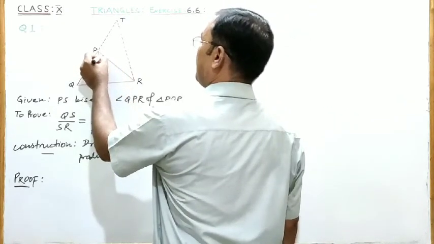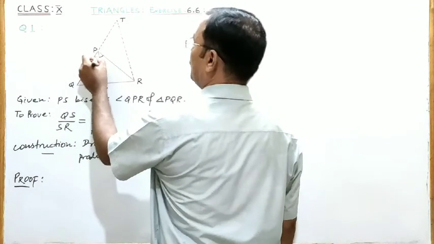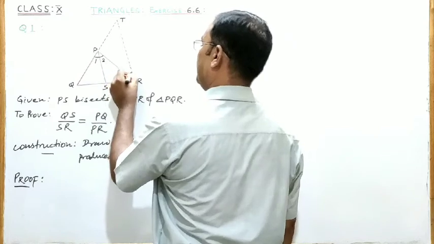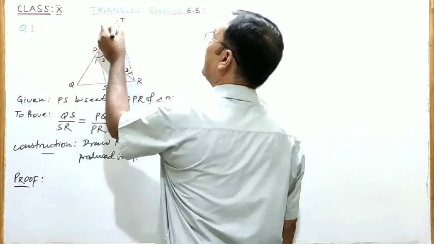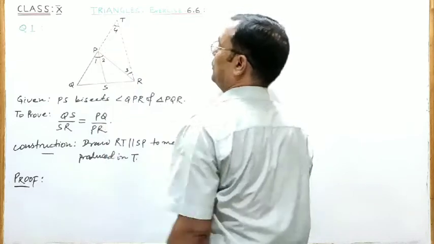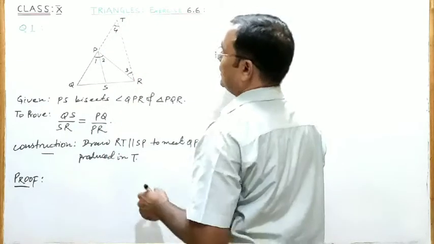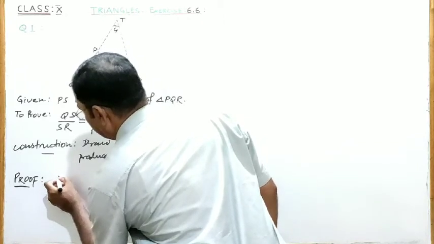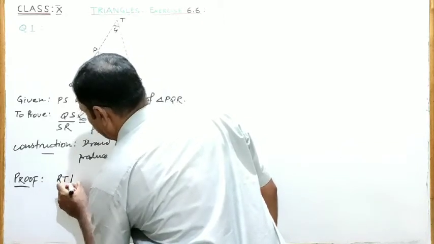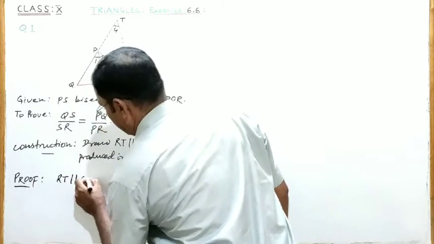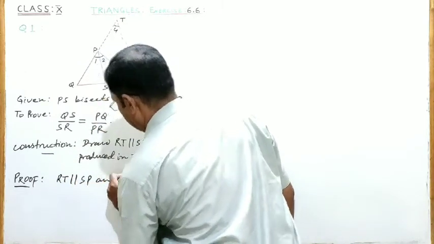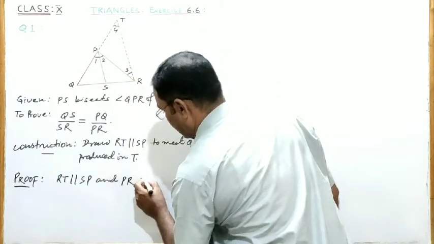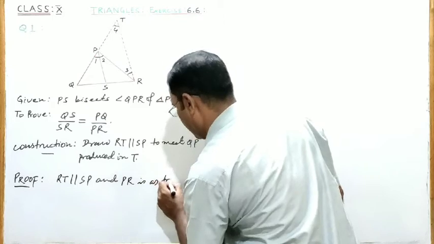Let this angle be 1, this angle be 2, this angle be 3, and this angle be 4. So here by construction, RT is parallel to SP and PR is the transversal.